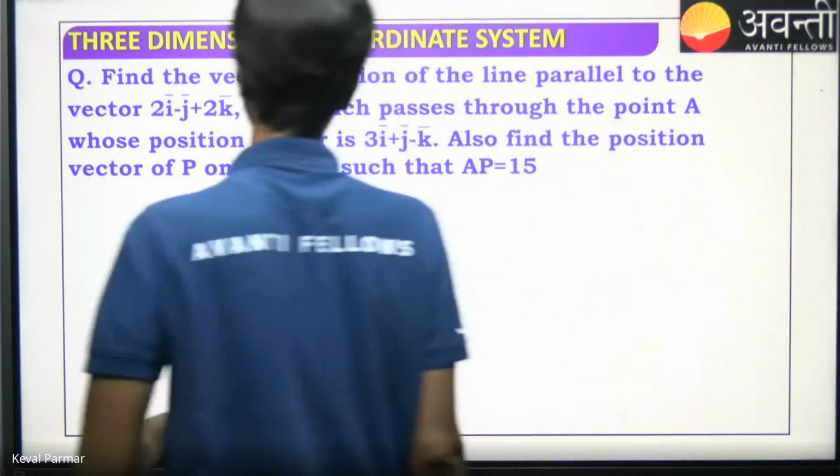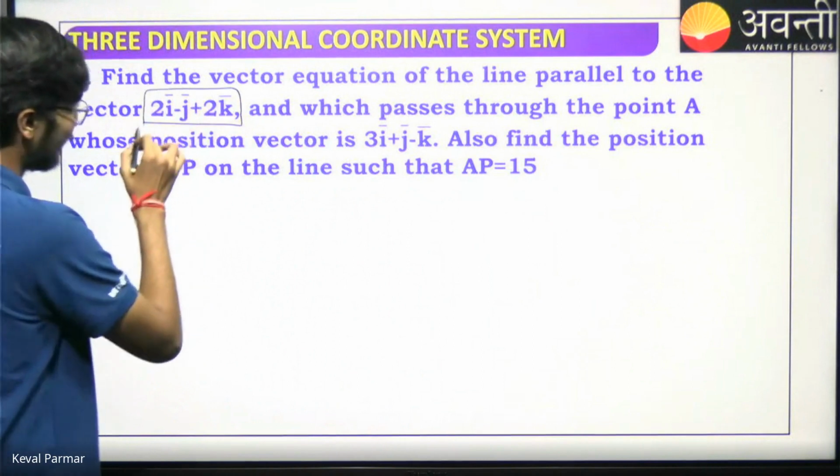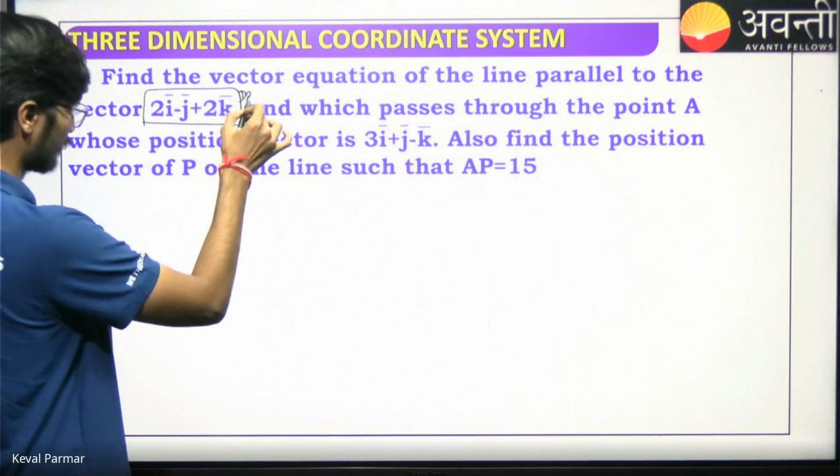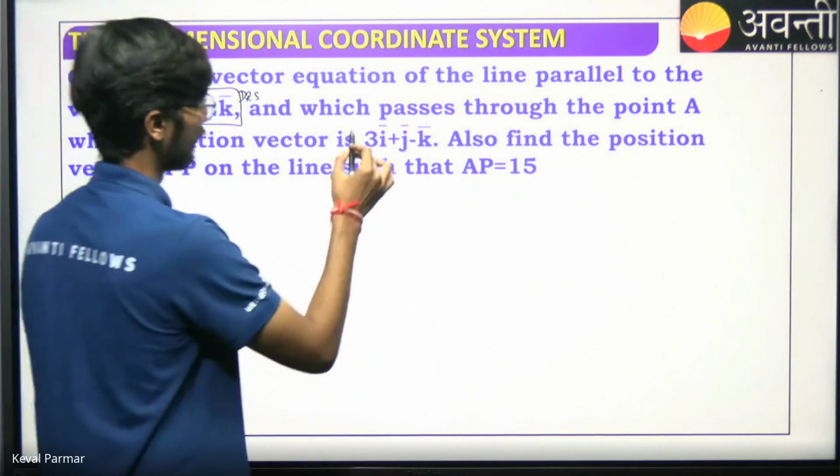What is the equation of line? I think it's pretty easy because the line is parallel to this. That means this is the DRS and this is the point.